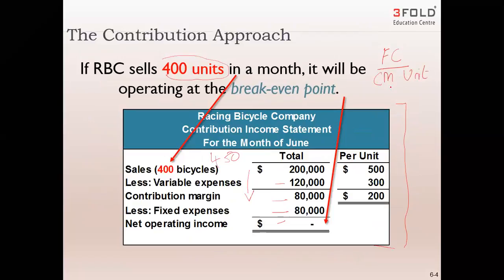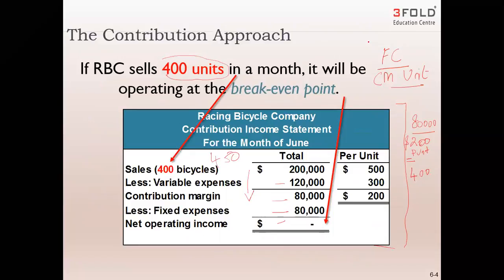In this case, the fixed cost works out to be $80,000, and the contribution margin per unit works out to be $200 per unit. That gives us the break-even sales as 400 bikes.